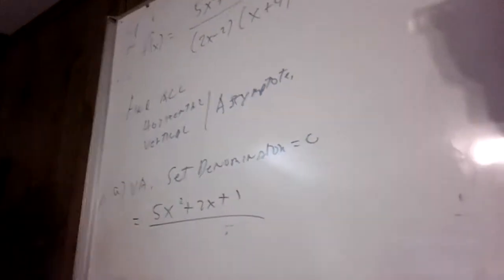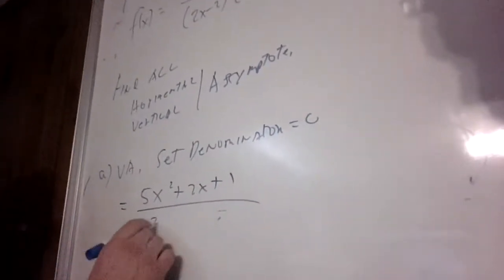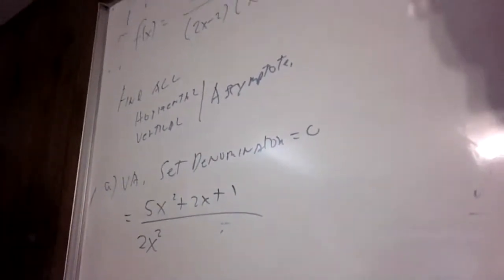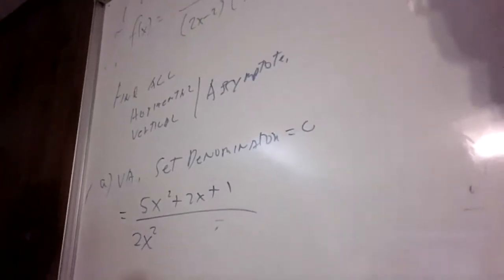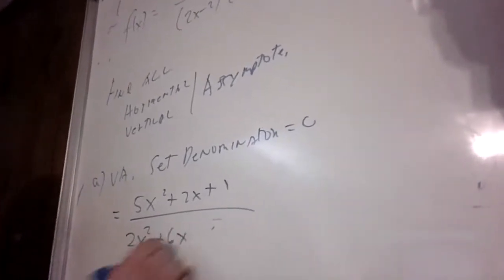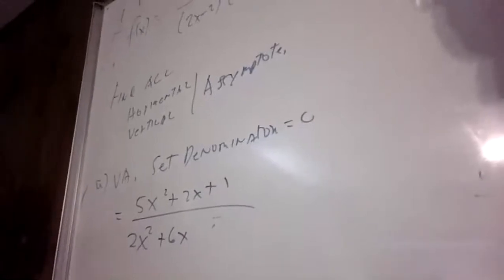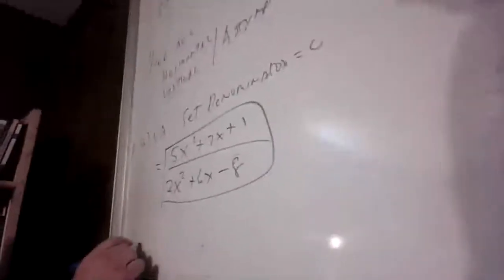And that's going to give me 2x squared minus 2x plus 8x, which is plus 6x, and minus 8. So this is going to help me with my horizontal. Let's look at the horizontal asymptotes first, and we'll go back to the vertical.